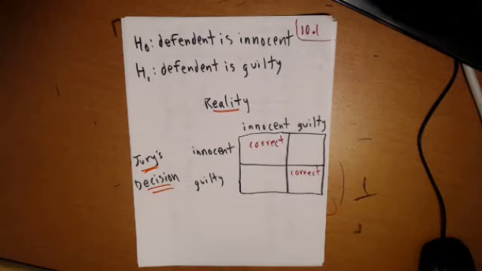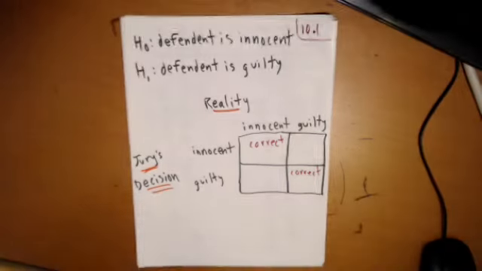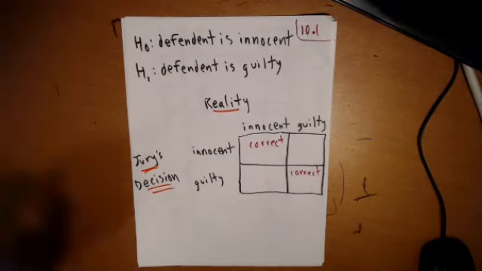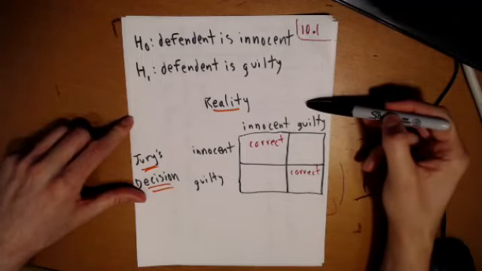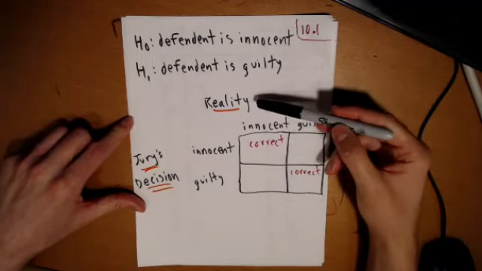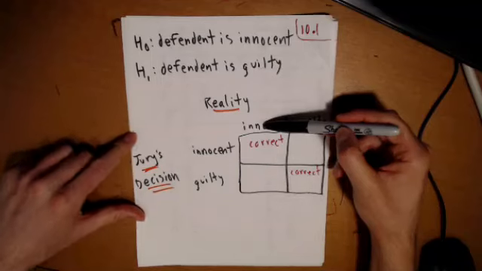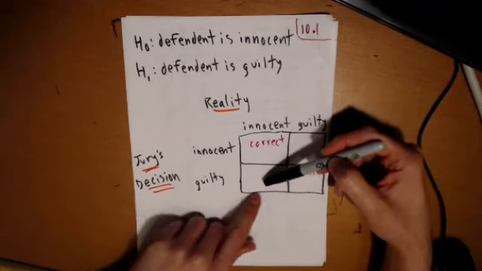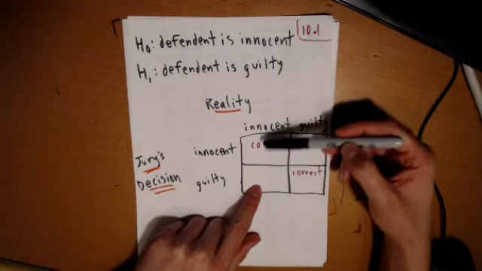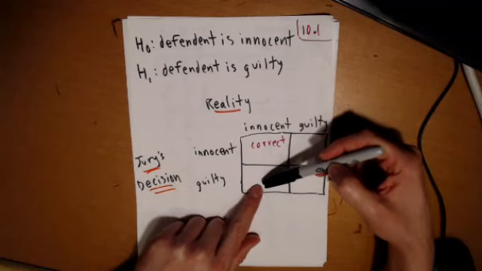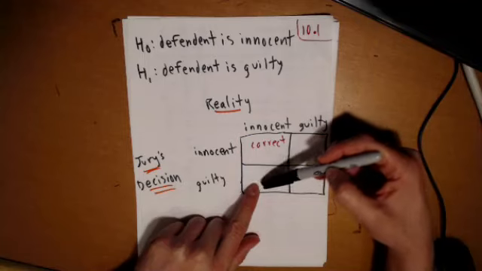So there's two types of mistakes or errors that can be made. And what you need to do first is realize that they're different. So what if someone is innocent, but yet the jury says they're guilty? That would be like sending an innocent person to the electric chair, locking an innocent person up in jail for their whole life.